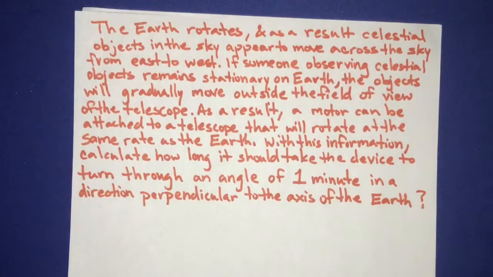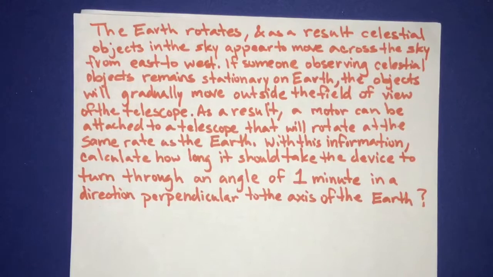Someone observing celestial objects remains stationary on Earth. The objects will gradually move outside the field of view of the telescope. As a result, a motor can be attached to a telescope that will rotate at the same rate as the Earth. With this information, calculate how long it should take the device to turn through an angle of 1 minute in the direction perpendicular to the axis of the Earth.